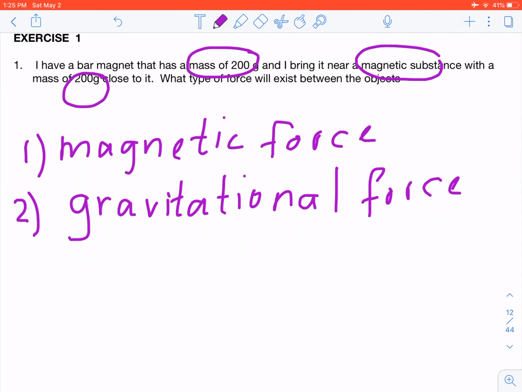If the magnetic substance is further away in the magnetic field, the force would be less. So how are the magnetic and gravitational force related to distance? Qualitatively, as these objects get further from the field, the force would be less. But we don't want to quantify that relationship now.